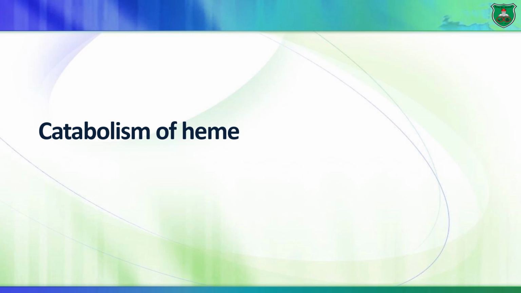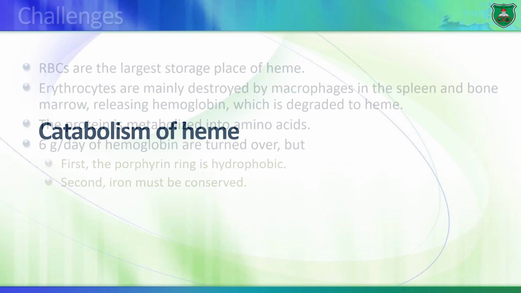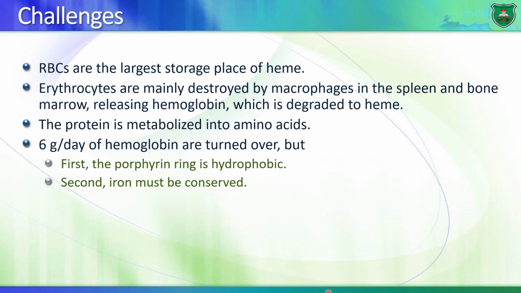So let's go into the second half of this lecture and talk about catabolism of heme. Now, there are a number of challenges when it comes to catabolism of heme. The first thing is that RBCs are the largest storage place of heme, and they are continuously destroyed by macrophages, releasing a lot of hemoglobin.